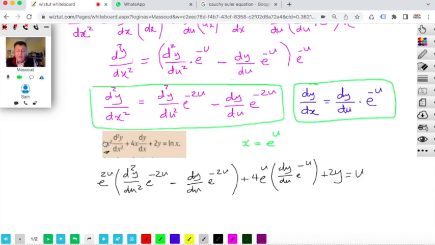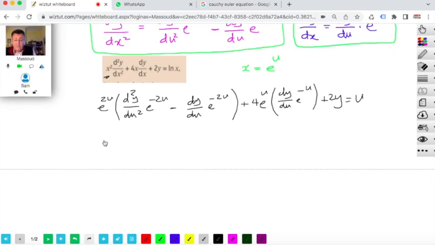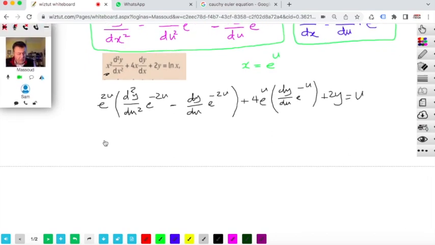Well, that's very easy to simplify. Really what we do is multiply this in. As we multiply this in and this in, we end up with d2y du squared, and then when I multiply by the second part, it would be minus dy du.